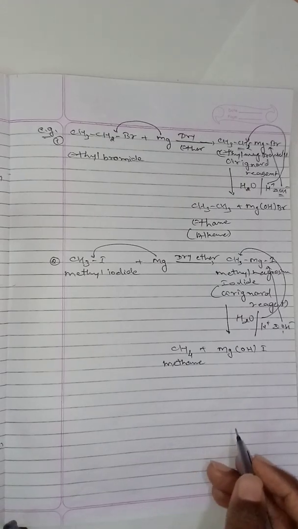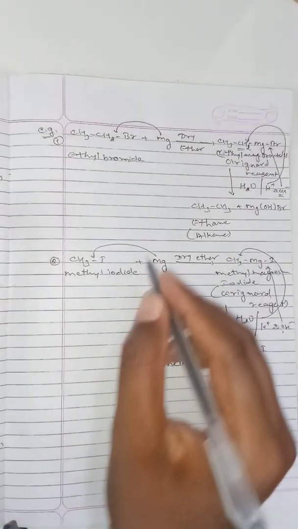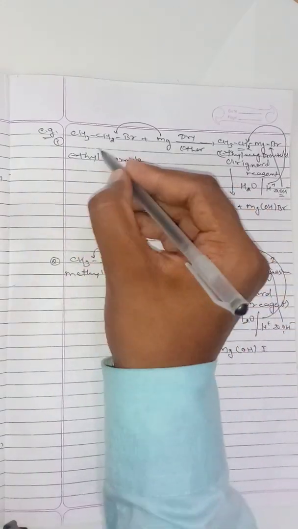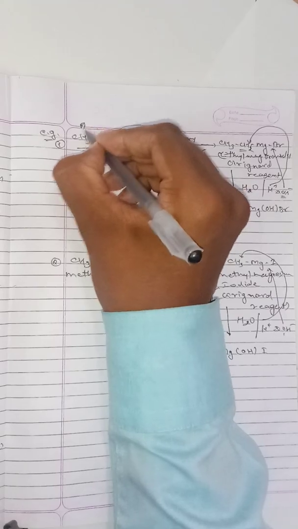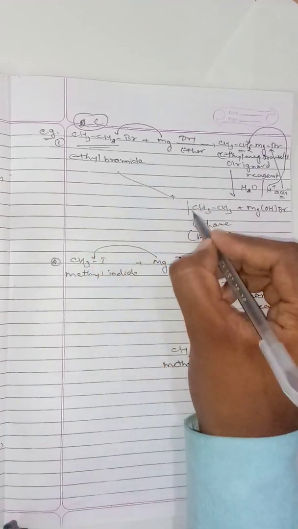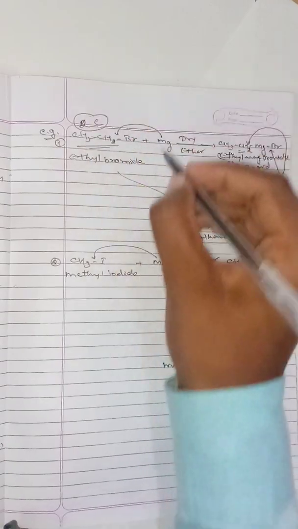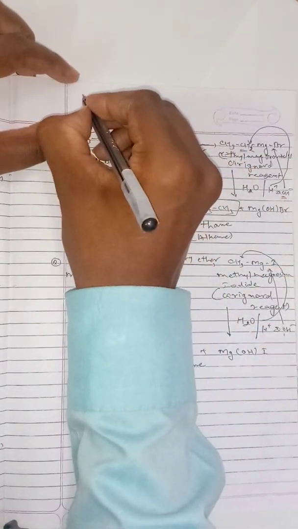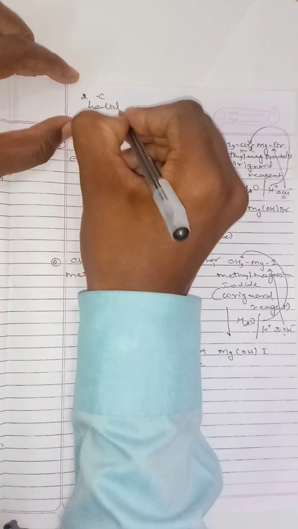So here in this reaction we take 2 carbon of halide, and after that reaction we get 2 carbon of alkane.